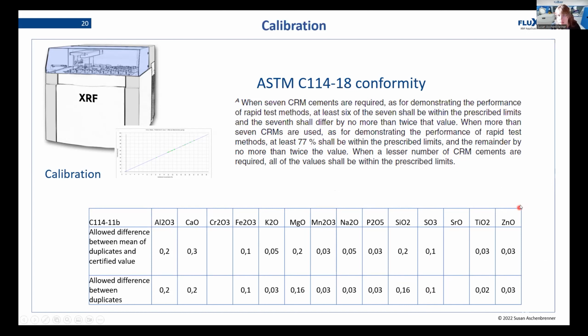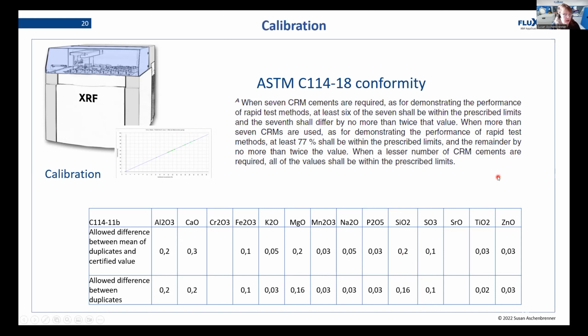If you're using more than 7 CRMs, then you need to have at least 77% within these limits, and the rest also not more than twice the value. And when you use less than 7 CRMs, which is also allowed, then all the values have to be within these limits.